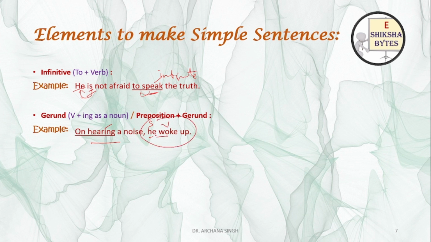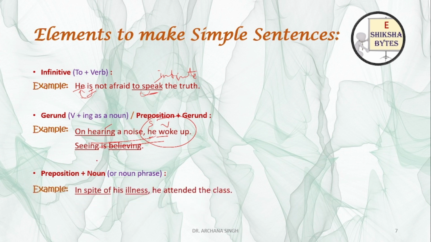So one subject-verb combination, the rest is your phrase. So this is a simple sentence. Seeing is believing. Okay, preposition plus noun phrase: in spite of his illness, this is a preposition, he attended, this is your subject, this is your verb, this is again your phrase.